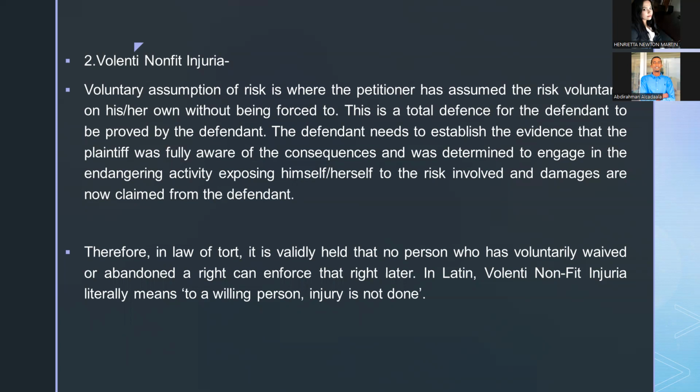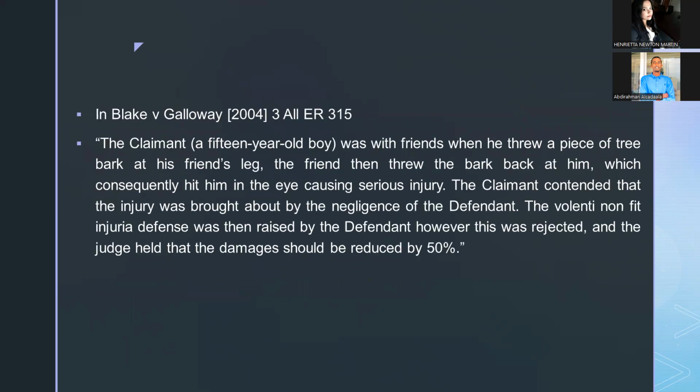In the law of tort, it is validly held that no person who has voluntarily waived or abandoned a right can enforce that right later. So in Latin, voluntary non fit injuria literally means to a willing person, injury is not done. Now, the case law Blake versus Galloway, I already explained to you earlier, so I will just cross this over.